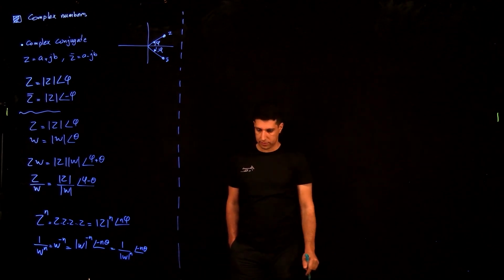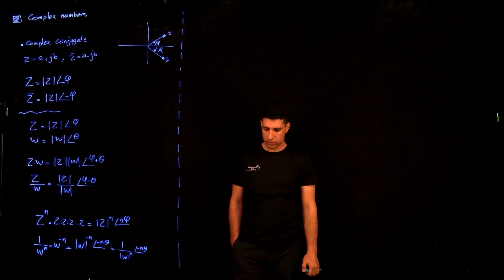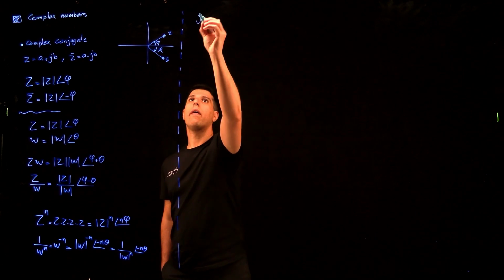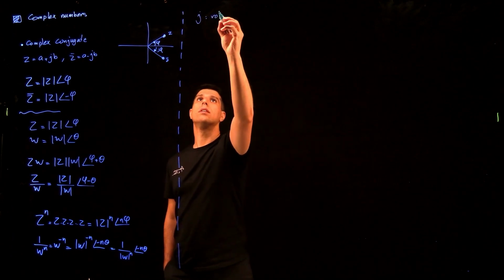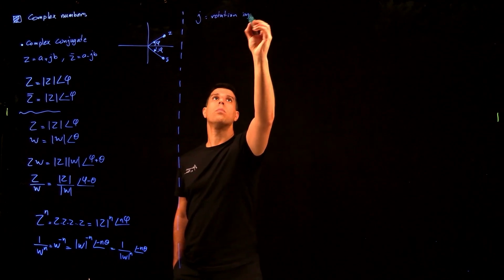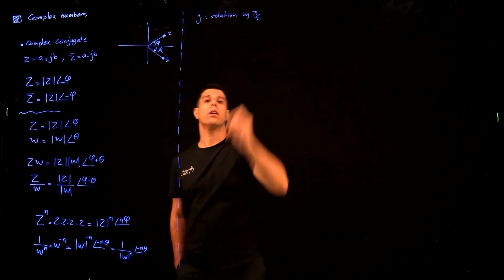All right, so now remember we defined j as rotation by 90 degrees.